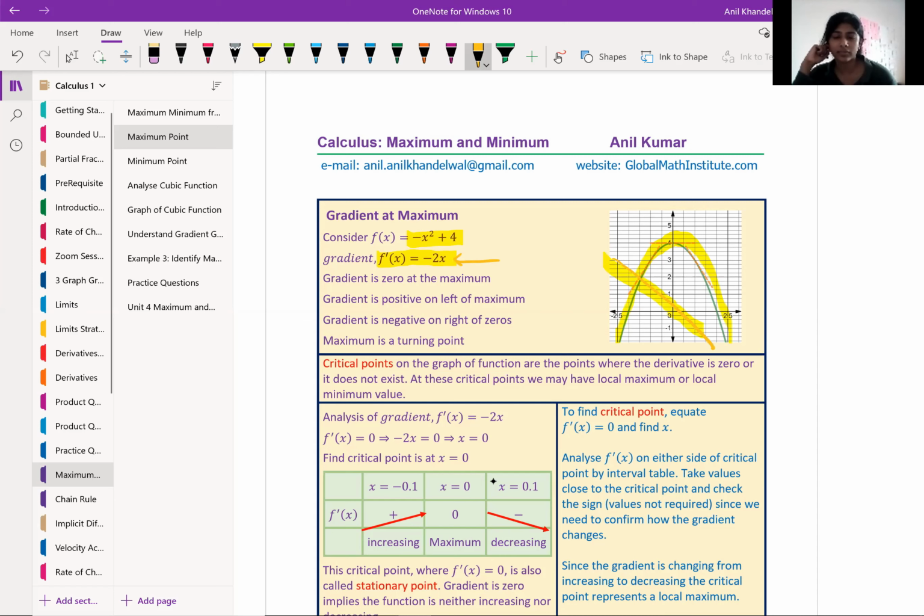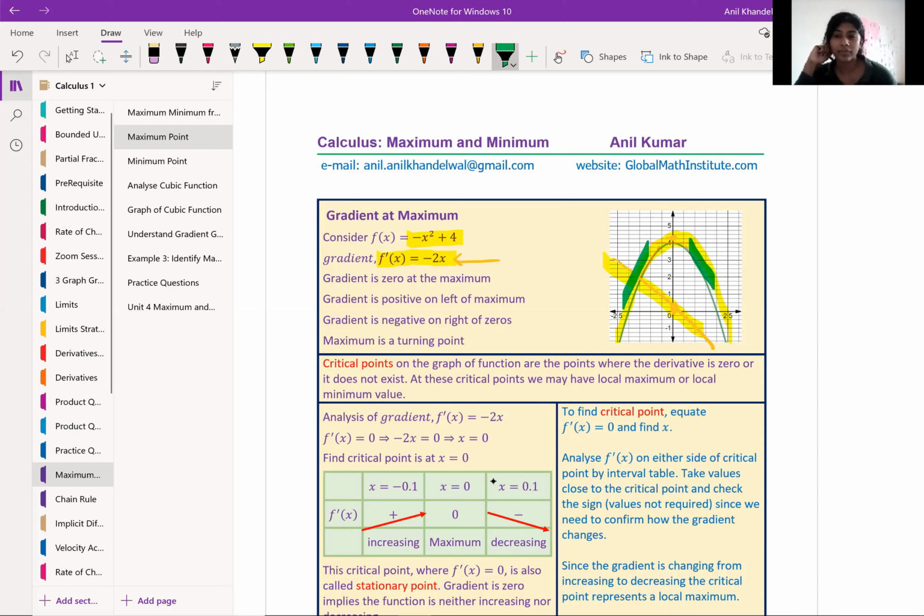So what you notice on this graph is that this point here is 0, which corresponds to the maximum, correct? On the gradient. On this side, it is positive. And you can see that your tangent is positive on this side, correct? Rising up. On the left side of your maximum, your tangent is positive. And on the right side, if you draw a tangent on any part of the graph, it is coming downwards.